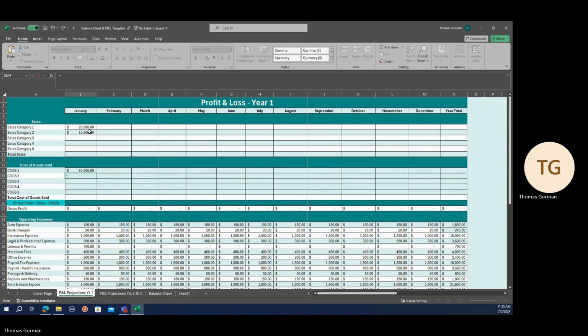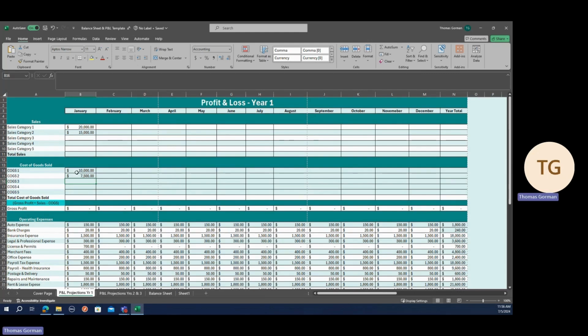Equals 15,000 multiplied by 0.5. So we bought $7,500 worth of product two. We sell that for 100% markup, which gives us $15,000 of revenue for product two.